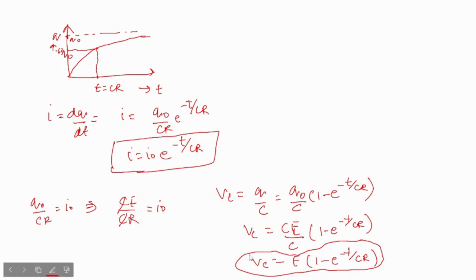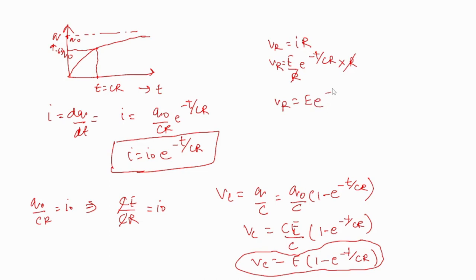Now we need to calculate Vr. Vr will be I into R. Just put the equation of I. It will be E by R e to the power minus t by CR into R. R gets cancelled out, so Vr will be E e to the power minus t by CR. This will be the potential difference across the resistor, and you can draw the graphs as well.